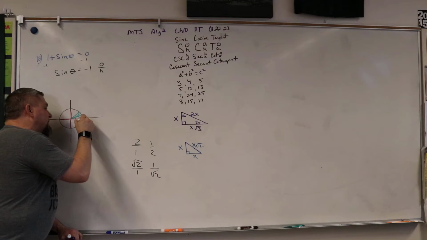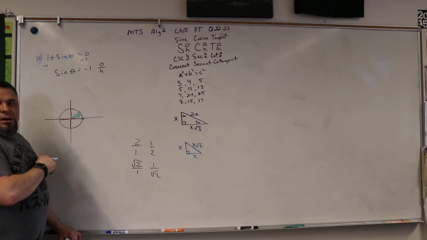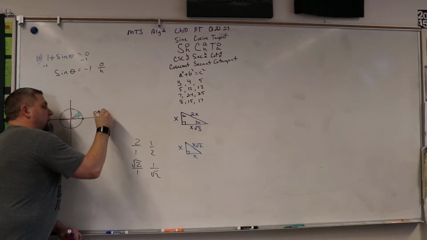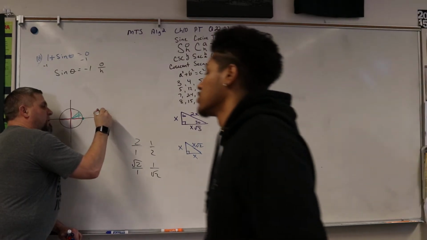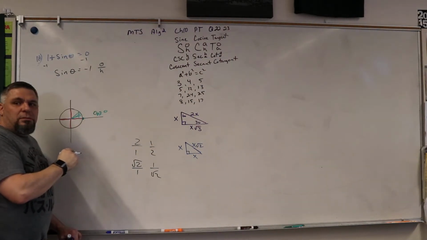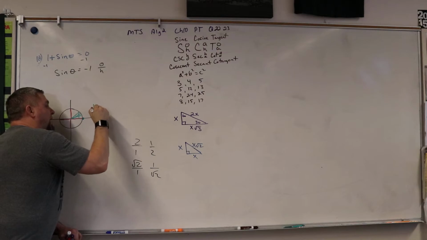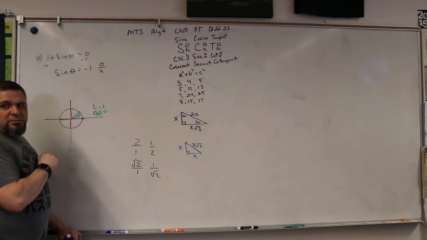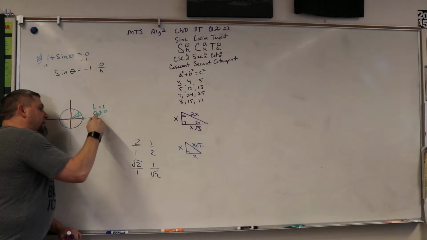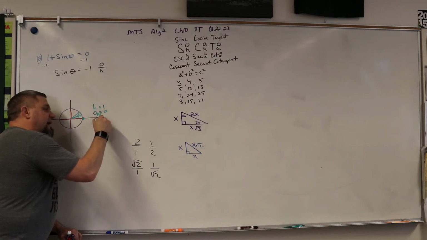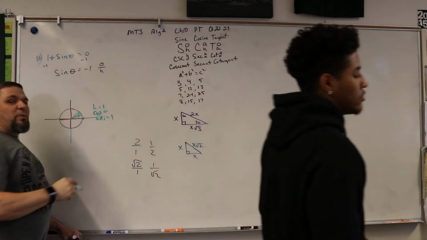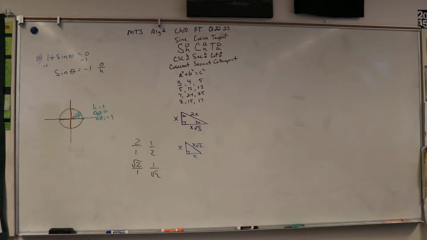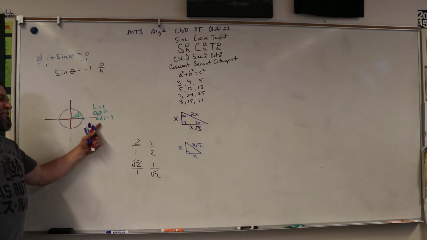So as we get to this point right here, the opposite side becomes 0. The hypotenuse is always 1. And as we get to right here, the adjacent side is equal to 1. But we don't want the adjacent to be 1.